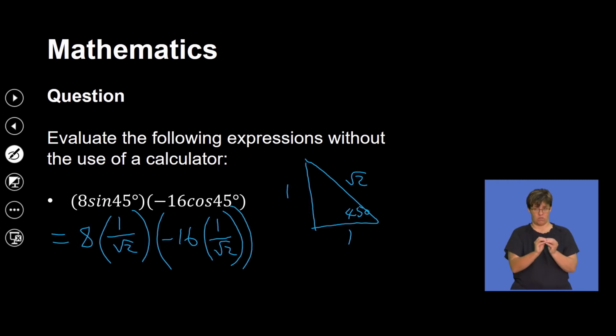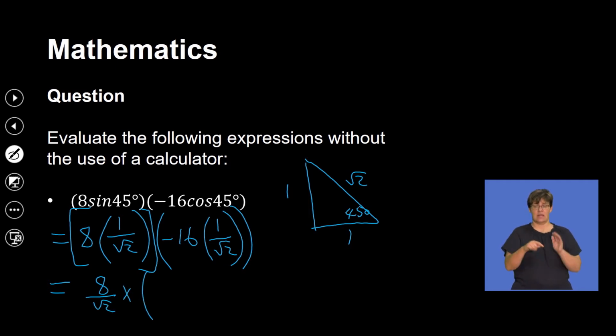And all of this must be multiplied together, so I'm going to use square brackets there. So this will be the same as 8 over root 2 multiplied by negative 16 over root 2. And then I will need to find what the answer is.